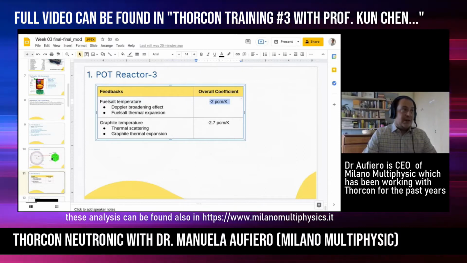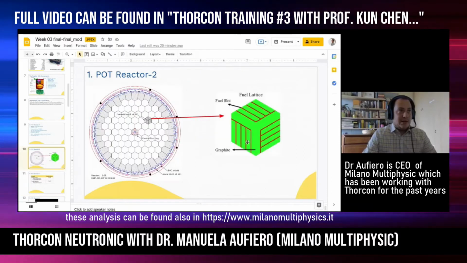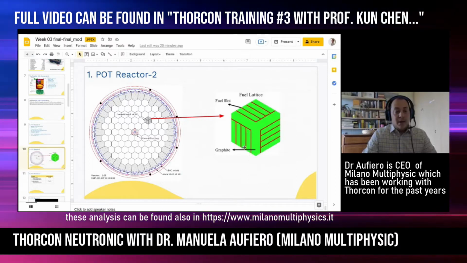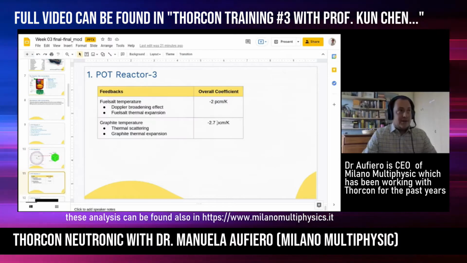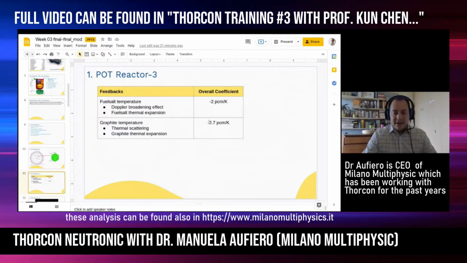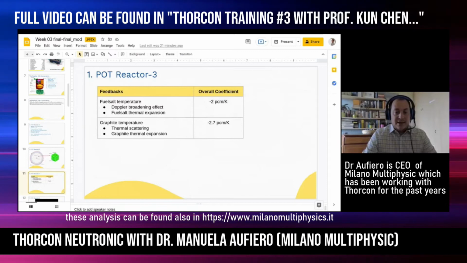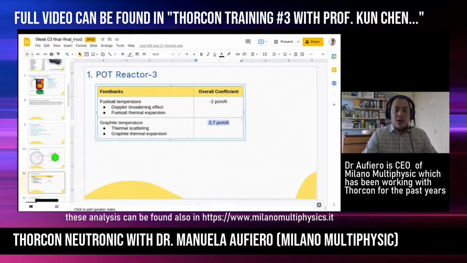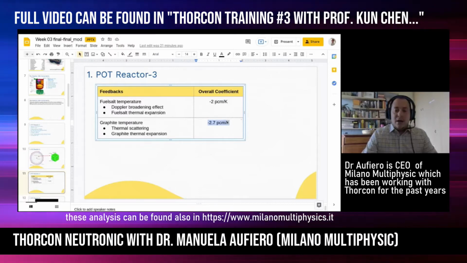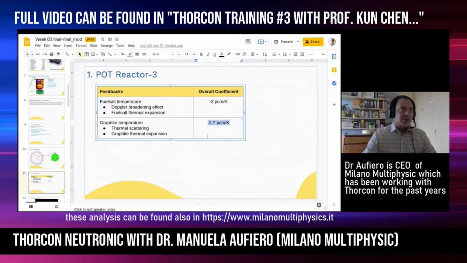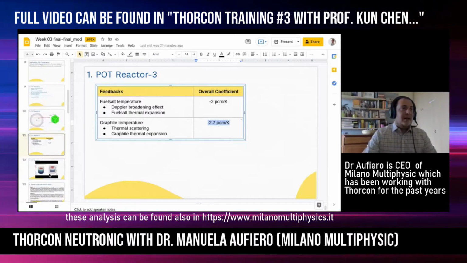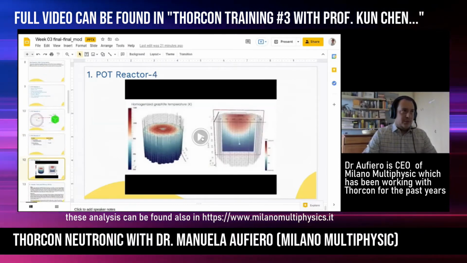Also, the graphite expansion, let me go back to these slides, effectively pushes a little bit of salt out of the core. Both effects are summed up and lead to a negative overall effect in the present design. And again, this is a reasonable number which undergoes minor changes depending on the specific core configuration.